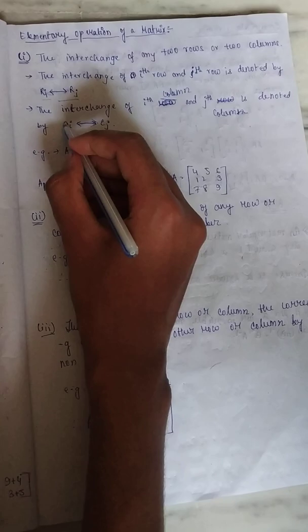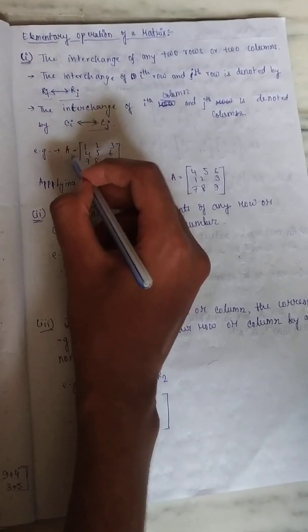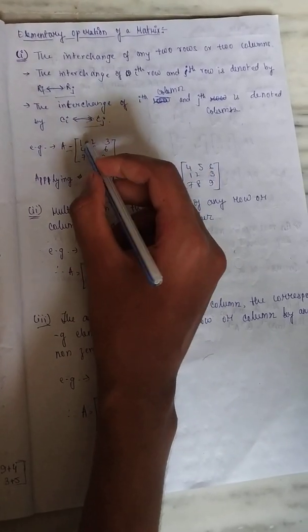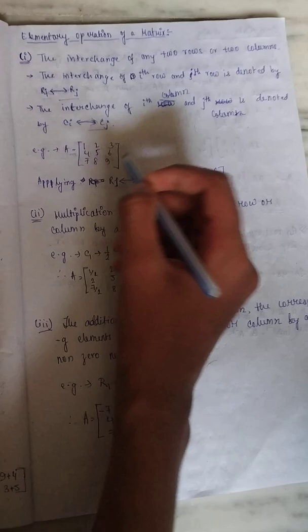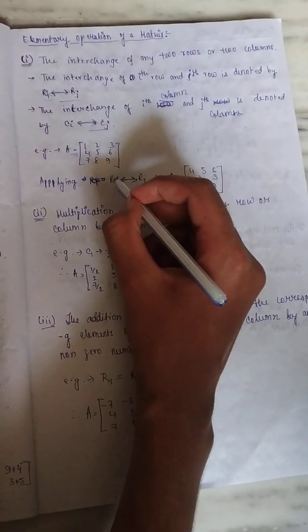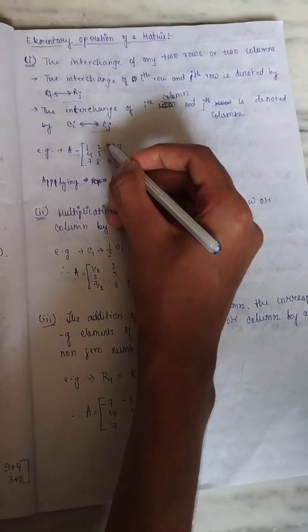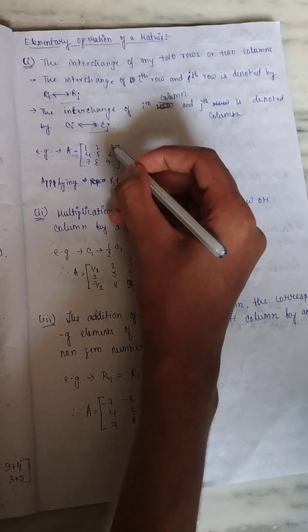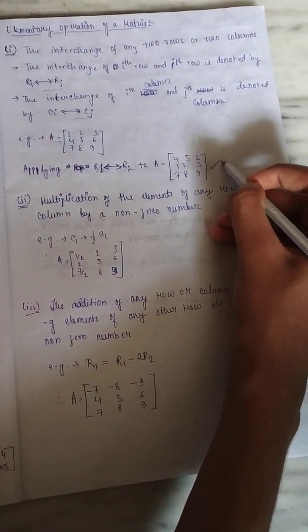C signifies column. For example, take the matrix A of 3 by 3 order, with elements 1 2 3, 4 5 6, 7 8 9. If we apply this operation on the first and second rows, the second row becomes the first row and the first row becomes the second row. This will be the resultant.